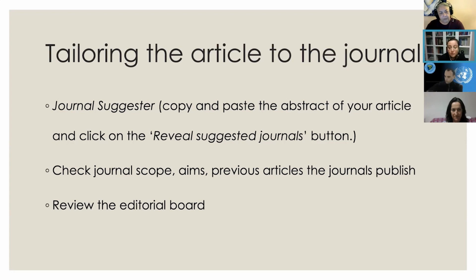And of course, that's not over yet. You should also review the editorial board. Why is this important? Because the journals you have selected for your own study have, of course, several editorial boards. I mean, each journal has its own editorial board, consisting of maybe 15 or 20 editorial board members.